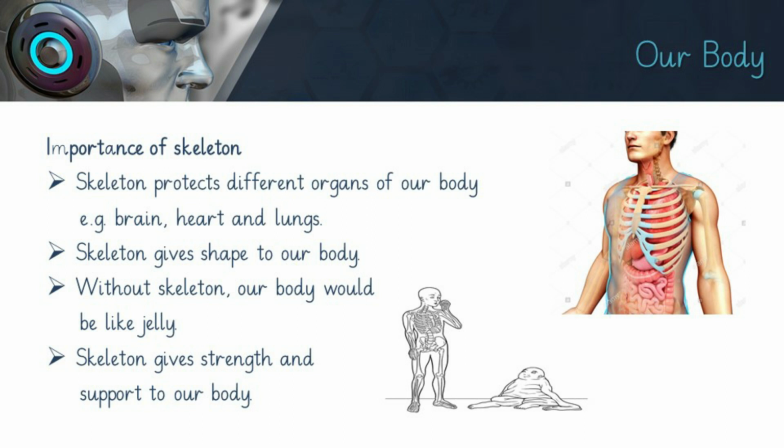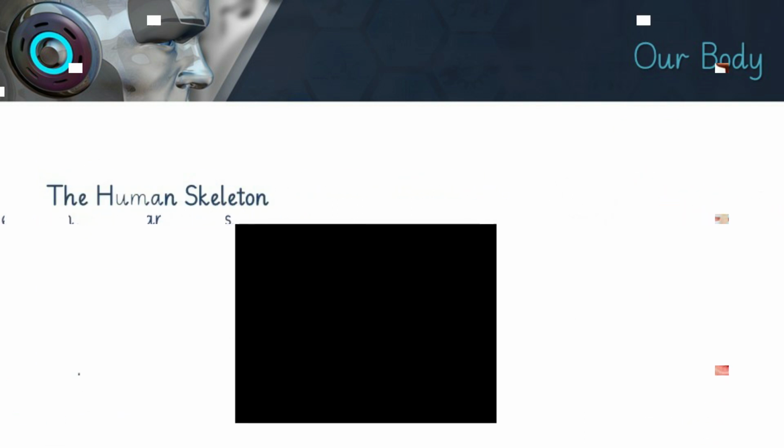I would like to refer over here towards the previous lesson where we discussed the importance of bones. As without bones, we discussed that our body would be like jelly. As skeleton is made up of bones, so without skeleton, our body would be like jelly. Skeleton gives strength and support to our body.